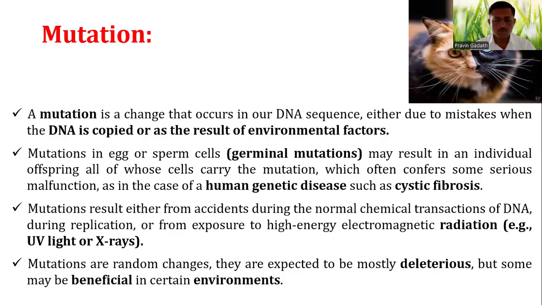Here we can see mutations have different types, like intragenic or intergenic mutations. The first type of mutation is the intragenic mutation, or we can also call it a point mutation. It involves changes, or we can say alterations, in the normal base sequence of a DNA molecule within a gene.